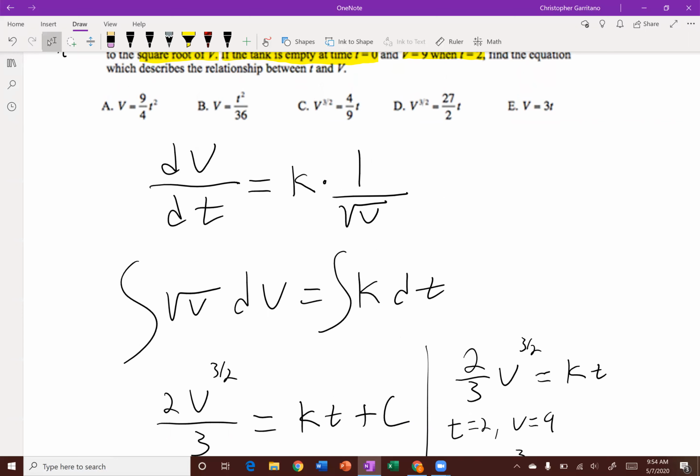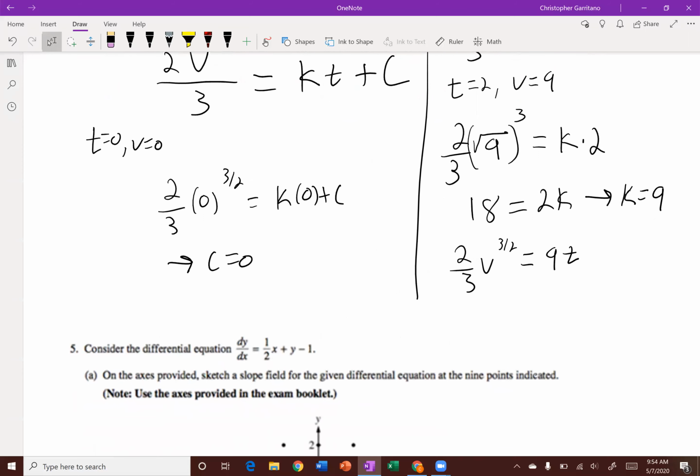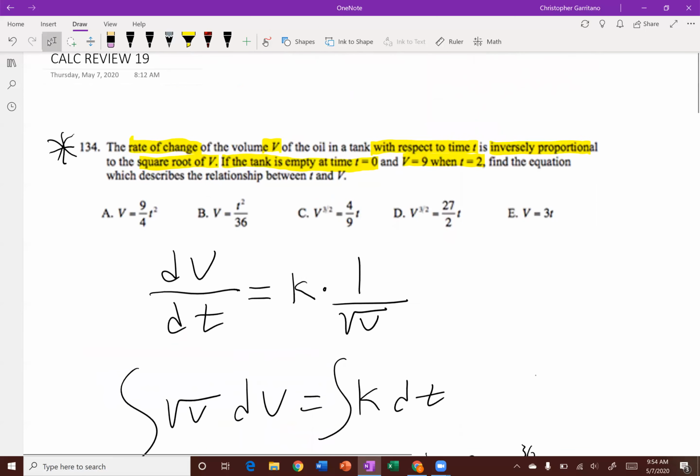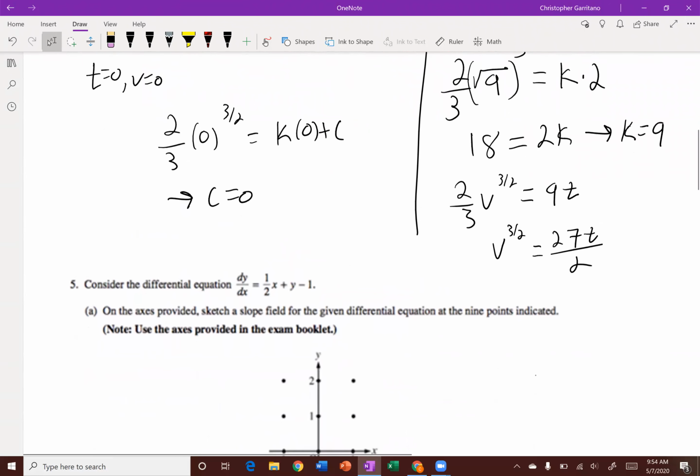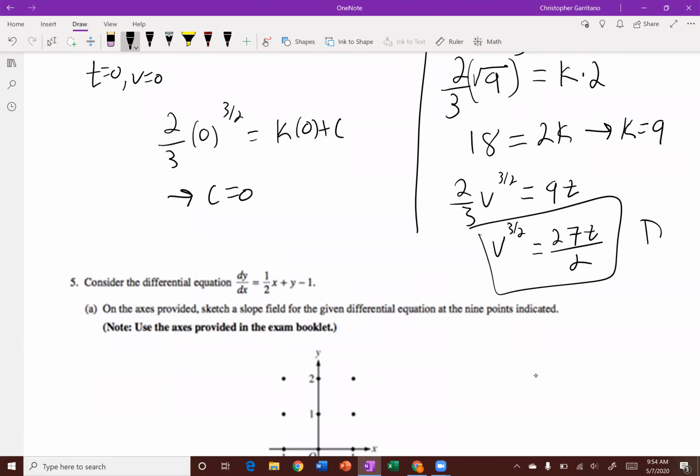I do see that C and D have a V to the 3 halves on the left side, so let's see if I can just isolate my V to the 3 halves. I'm going to multiply by 3 and divide by 2, and that's going to lead to V to the 3 halves is equal to 27t over 2, and that looks like choice D. All right, awesome. So there you go. Choice D.